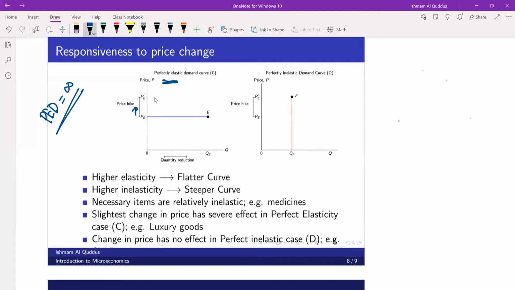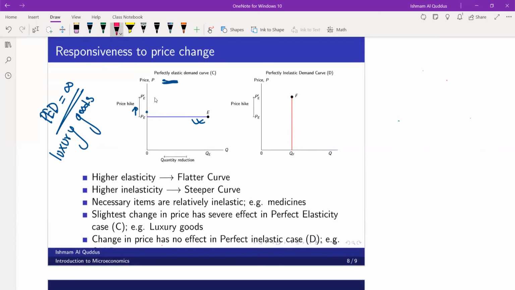So you can see here that this is a flat line. Even if, let's say, P moves to P prime here, there is no quantity demanded, right? A good example would be any sort of luxury goods. Often if the price changes, you tell yourself, no, I don't want that. So you can say luxury goods are probably good examples of perfectly elastic goods.